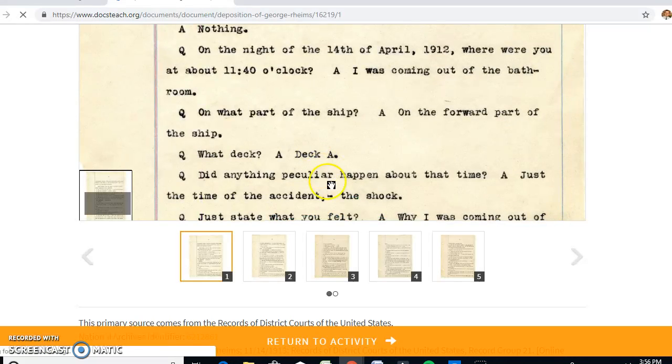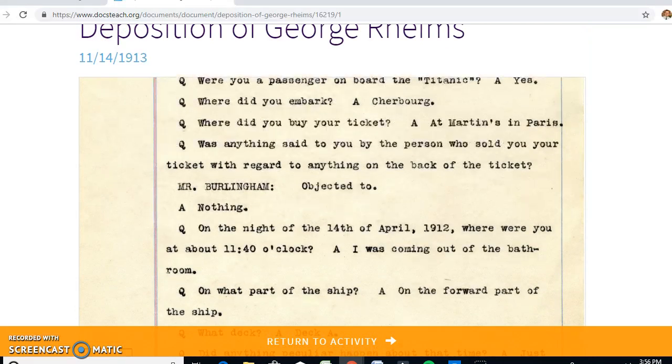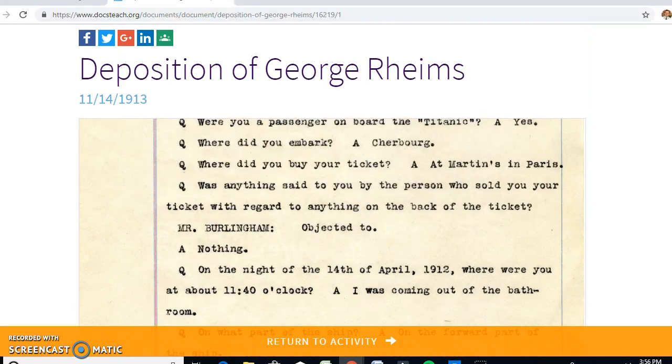For my future students who don't know what the word deposition is, a deposition is a sworn statement used in court, in this case, the legal proceedings that were the fallout of the Titanic disaster. For example, it asks, where did you embark? Cherbourg, that's a city in France.